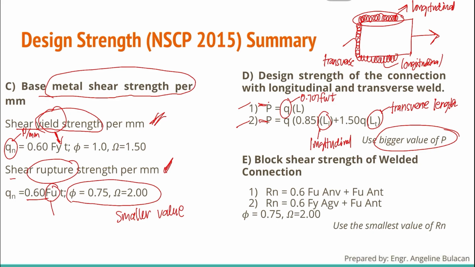Then, lastly is the block shear strength of the welded connection. For block shear of a welded connection, you also check two.